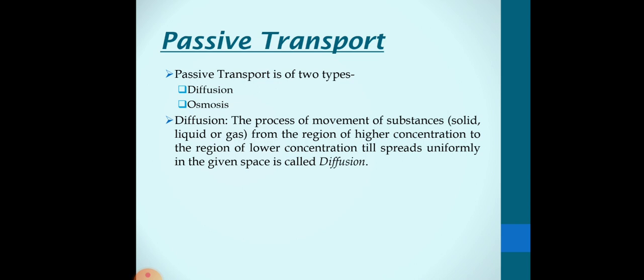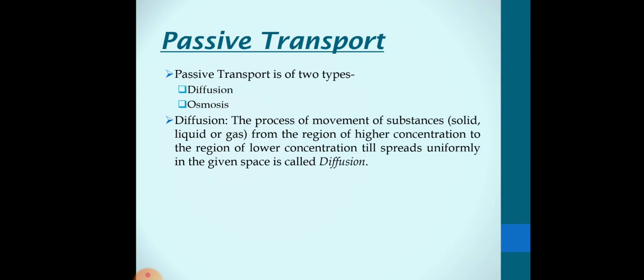Okay, so what is diffusion? Diffusion is the movement of substances. The substances could be either solid, liquid or gas, moving from the region of higher concentration to the region of lower concentration till they spread uniformly in the given space.